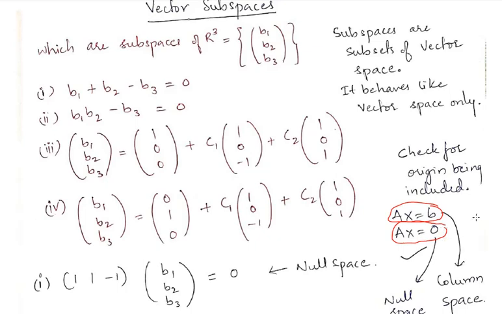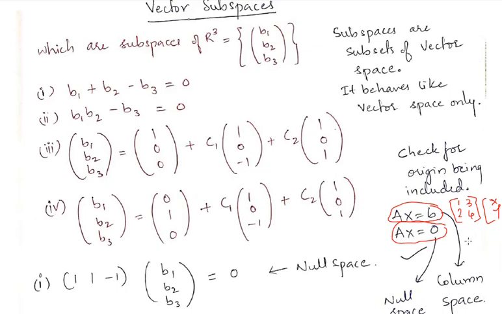Suppose I have a vector 1, 2, 3, 4, and this is my matrix A. And the x will be, there are two components, right? One is x and other is y.